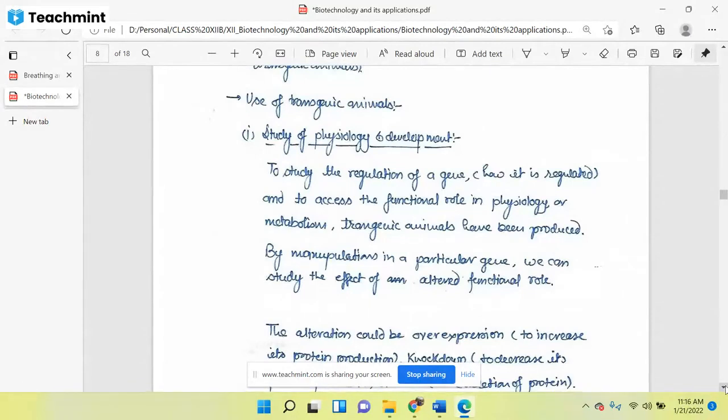Then we can say that for the progression of diabetes, this insulin is very much essential. Means when this gene is not fully functional, only then diabetes occurs. We can get this information. So we are manipulating a particular gene, and we can study the effect of the altered function as compared to normal.